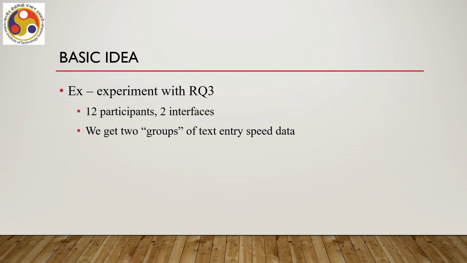For example, let us consider again this RQ3. This time suppose we have 12 participants and 2 interfaces. We get 2 groups of text entry speed data. This is a within subject design, as you can see. All 12 are given all the tasks, and we collected 2 groups of text entry speed data.